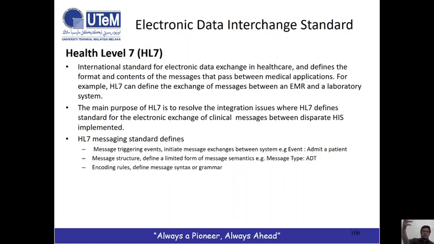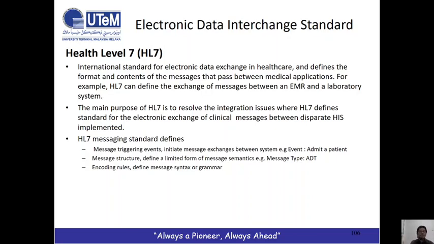Like I said previously, in the banking system they have their standard of data interchange, but for healthcare we have Health Level 7. Health Level 7 defines and standardizes the format and content of the messages passing from one service to another.